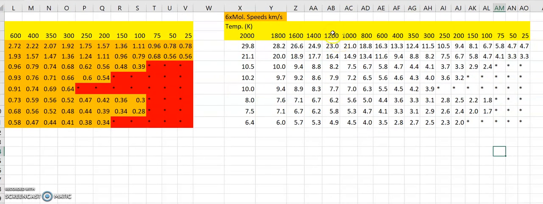Remember, our solar temperature was 1200 for my particular planet. And then 6 times, and it's exactly in the same order: hydrogen, helium, and so it's 23. That's the highest molecular speed, and this is the lowest, just because they're larger molecules.